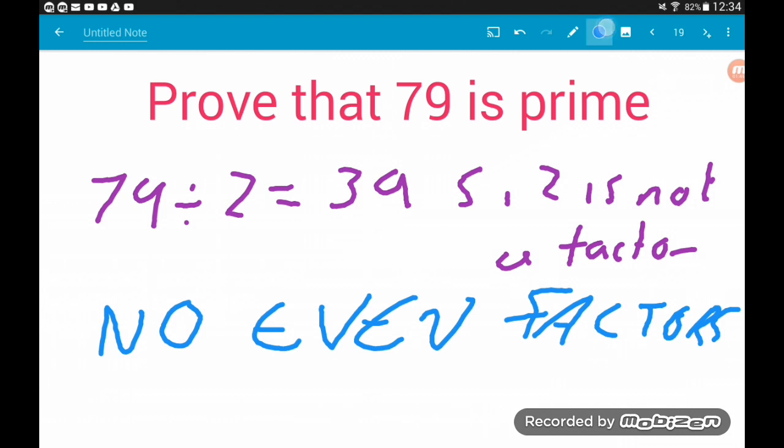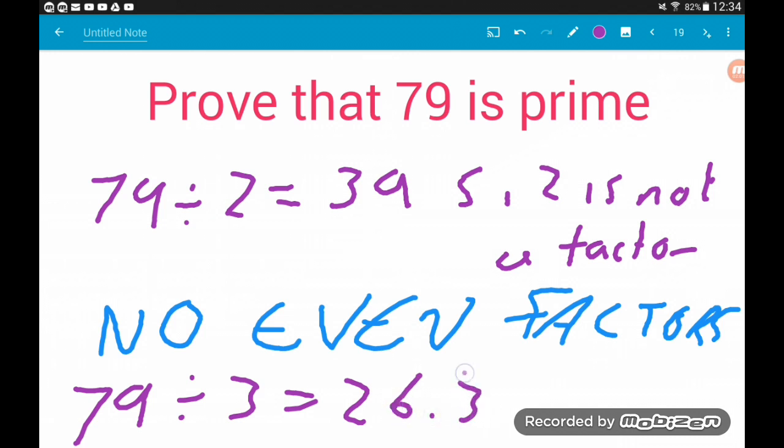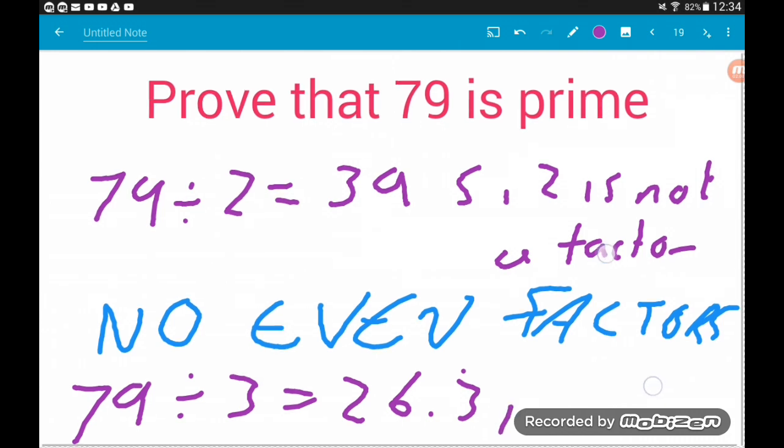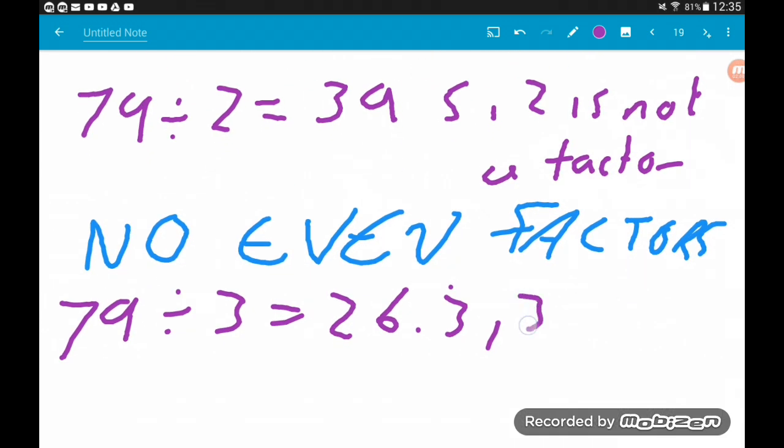Next, let's see what happens if we divide 79 by 3. So 79 divided by 3 then is going to be 26.3 recurring. Now this tells us then 3 is not a factor. Now let's think about the implications of that.